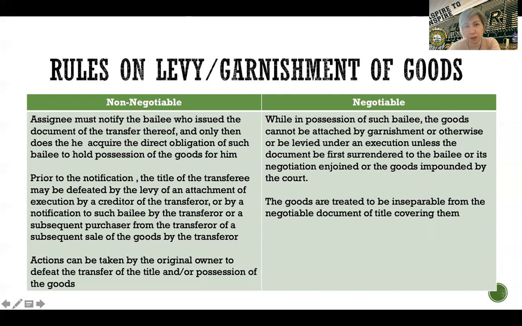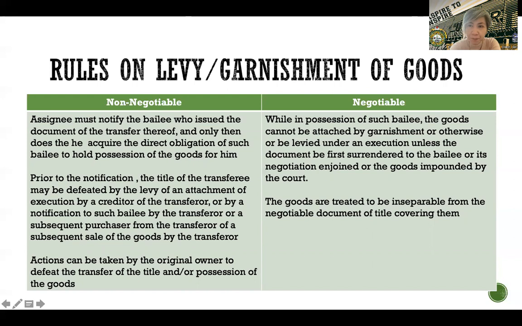In negotiable documents, while in possession of the bailee, guys, the goods cannot be attached by garnishment or otherwise be levied under an execution unless the document of title is first surrendered to the bailee, or its negotiation enjoined, or the goods impounded by the court. Okay?